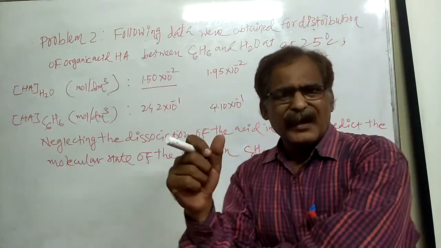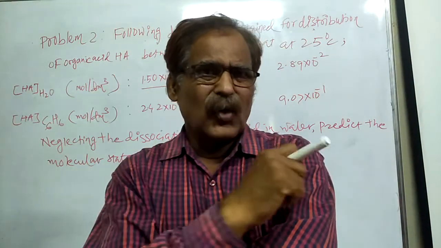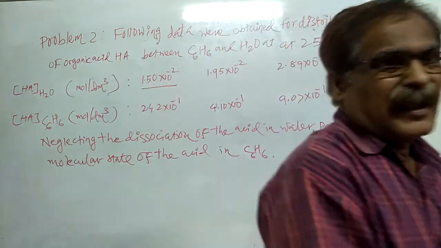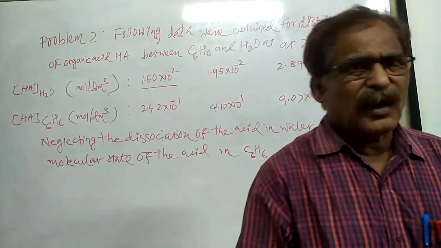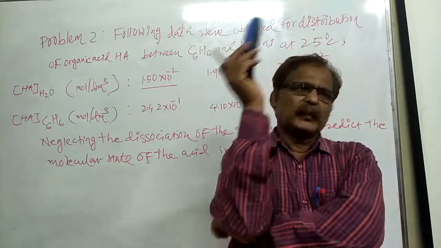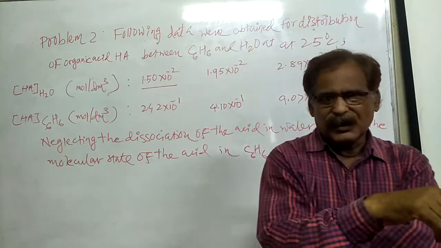On the contrary, if the solute undergoes association in either of the solvent, in that case the ratio nth root of C1 upon C2 will be constant.